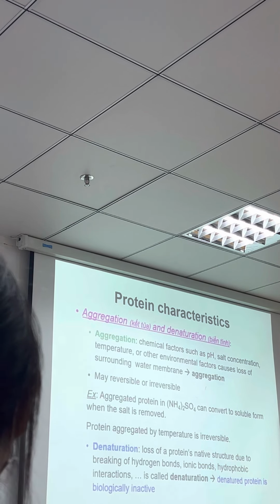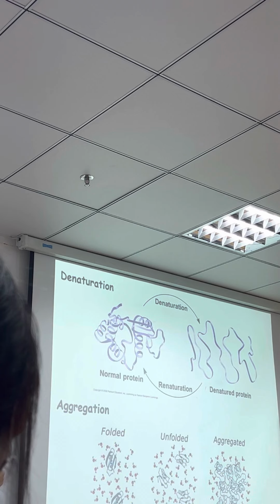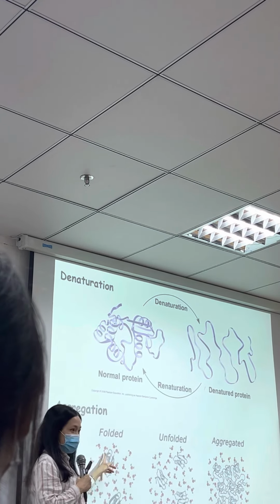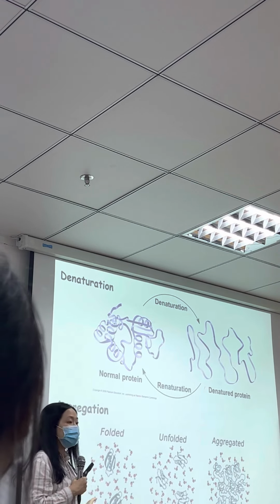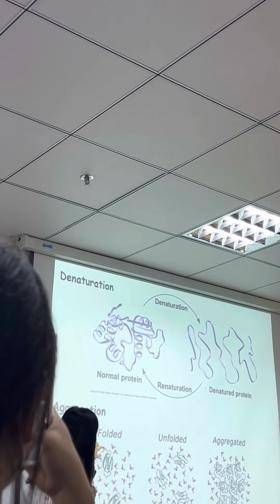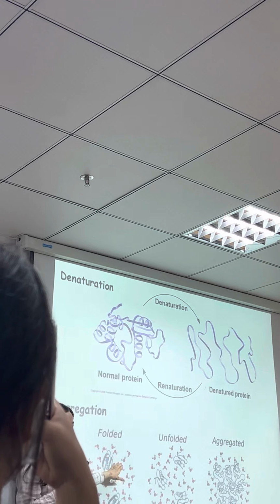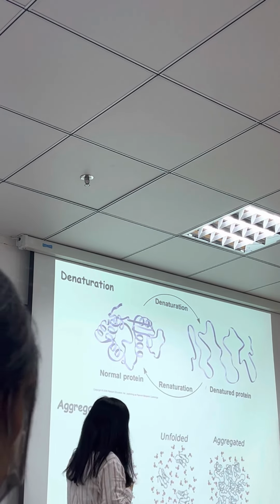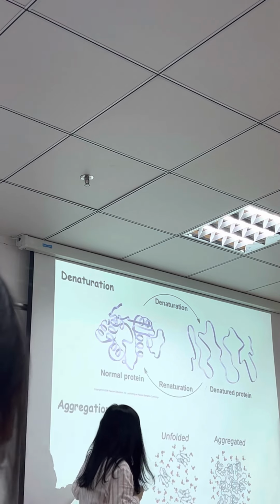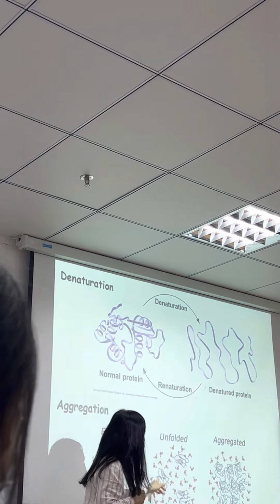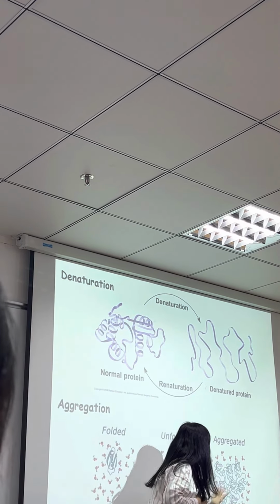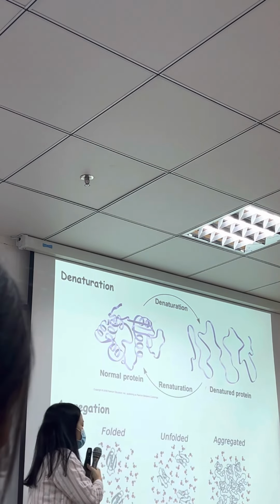It becomes aggregated. This is the natural structure of protein. Usually it has water molecules around it. For some reason, the water molecules around protein are removed. Protein will aggregate. It means protein binds together.